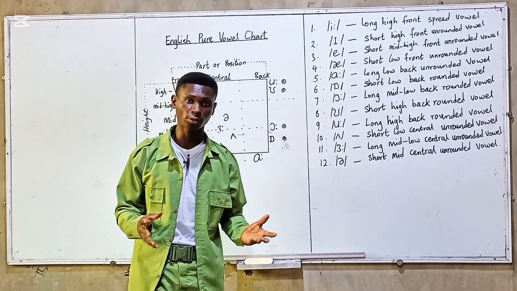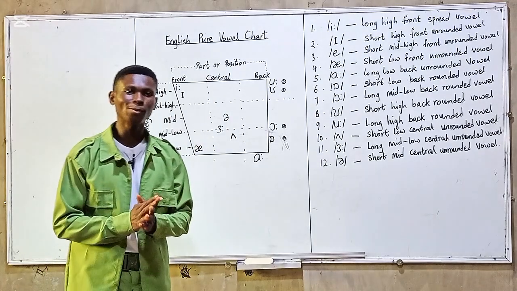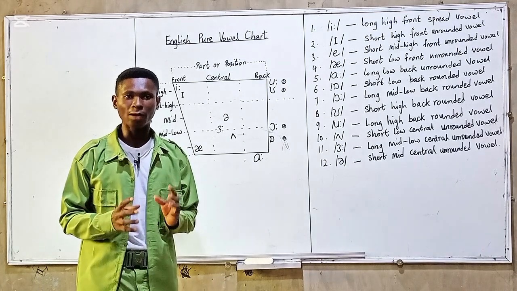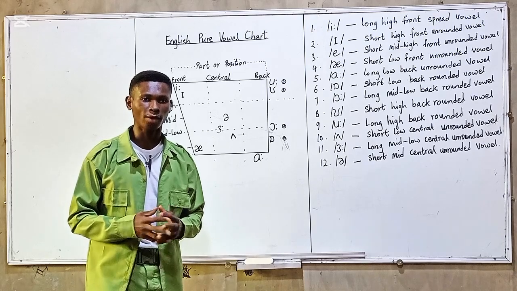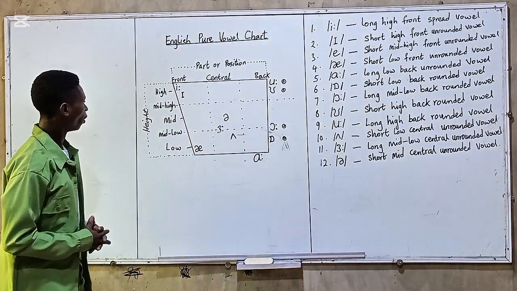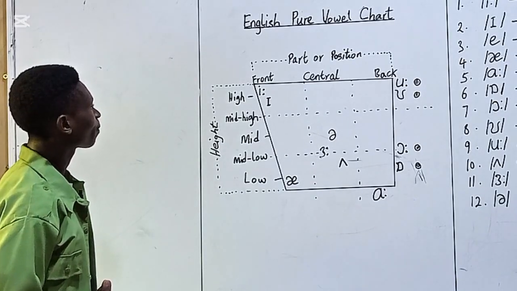And I want to illustrate it with a chart so as to show you the actual description of each of the sounds and also how to articulate or produce each of them. All right, so let's look at what we have on the board. English pure vowel chart.